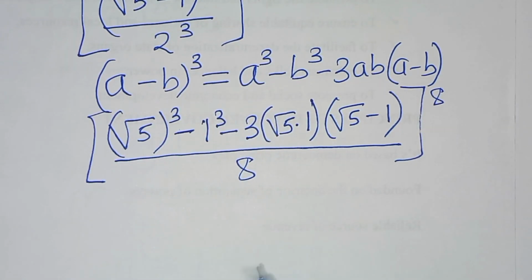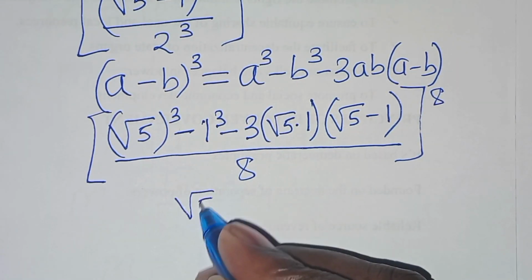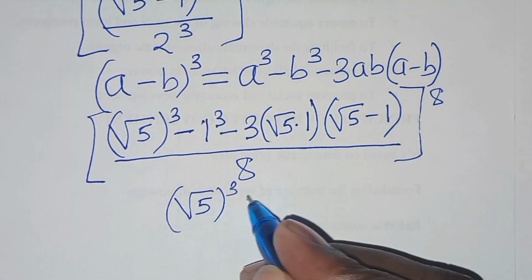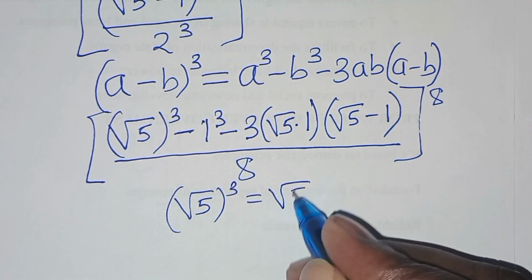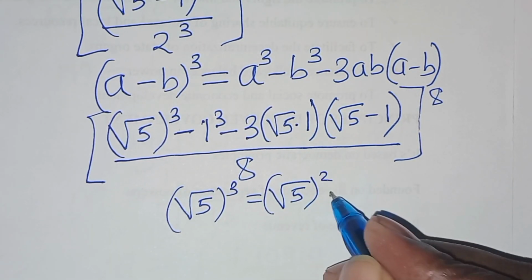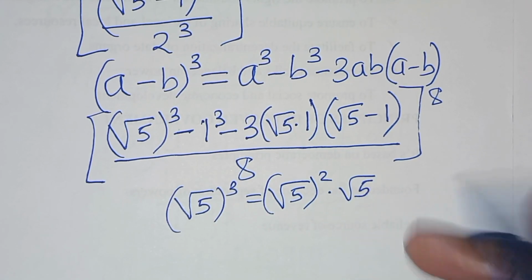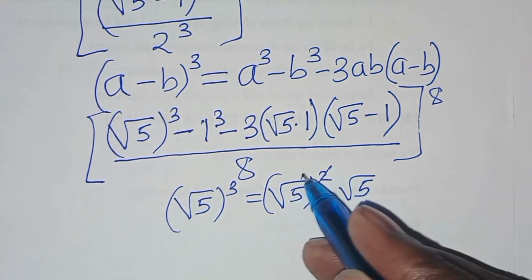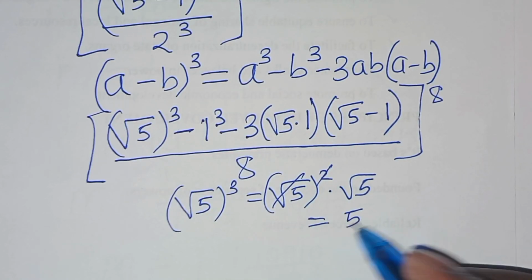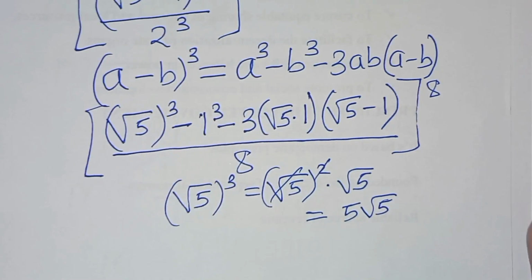Now here we have that (√5)^3 is the same thing as √5 squared times √5, and this is the same thing as 5√5.